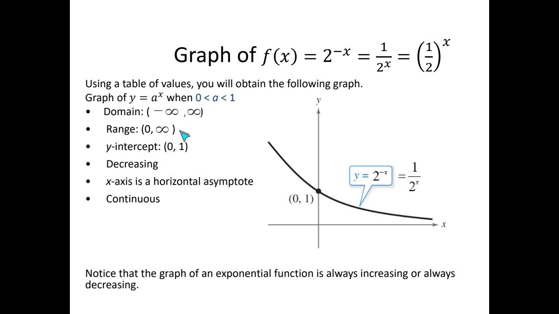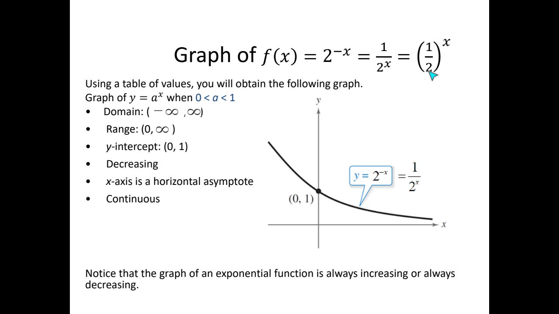Now, if you have an exponential function where the base is between 0 and 1, then we're going to have a decreasing function. The y-intercept is still (0, 1), and the domain is still the same, and the range is from 0 to infinity. And now it's just a decreasing function. And so now let's go and look at another example.